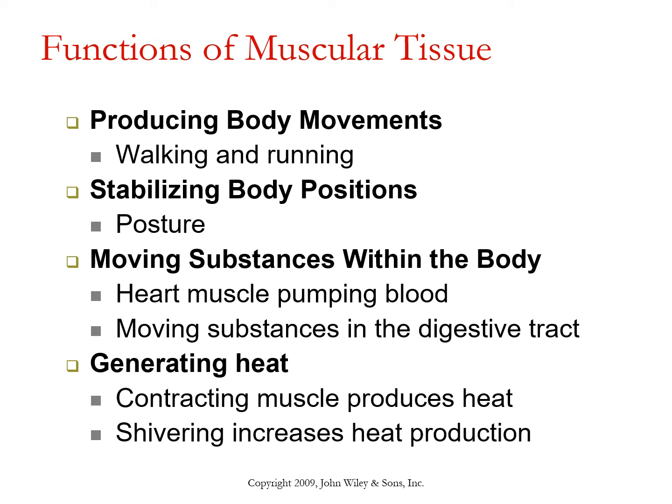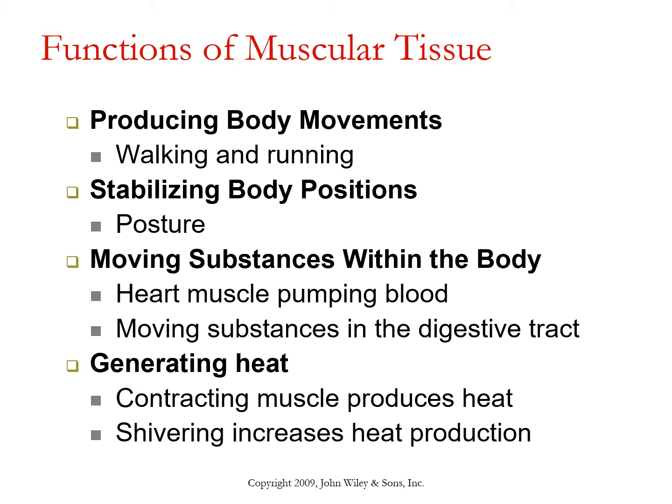Moving substances within the body is created by cardiac muscle in the heart, which moves blood, and then the smooth muscle in the rest of the viscera moves substances through the tracts, for example, food and secretions through the digestive tract. In the respiratory tract, the smooth muscle regulates the amount of air that flows in and out of the lungs.